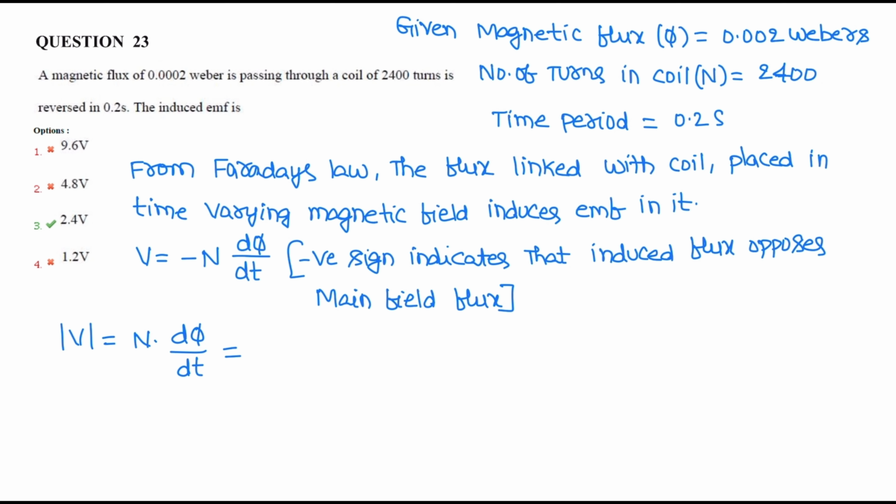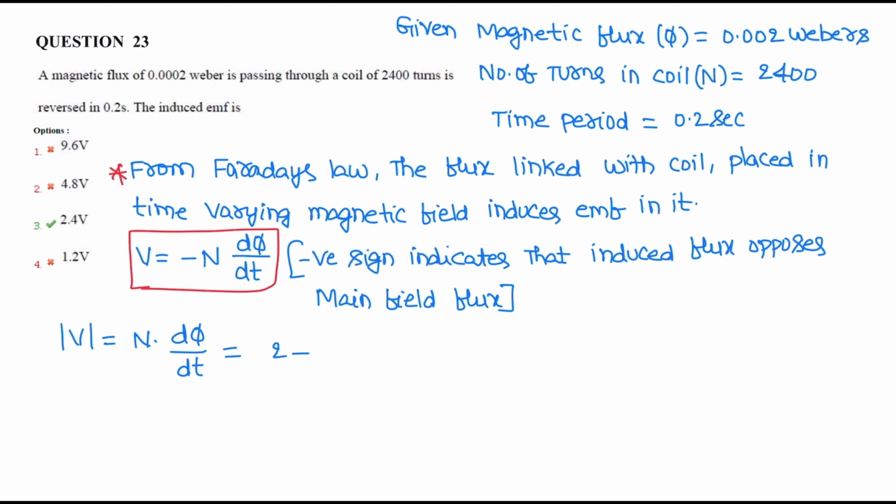From Faraday's law, the flux linked with a coil placed in a time varying magnetic field induces an EMF in it. The induced voltage is V is equal to minus N d phi by dt, where the negative sign indicates that induced flux opposes the main field flux. The magnitude of induced voltage is V is equal to N d phi by dt.